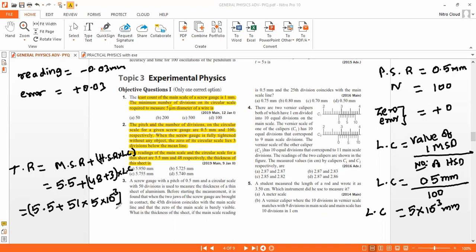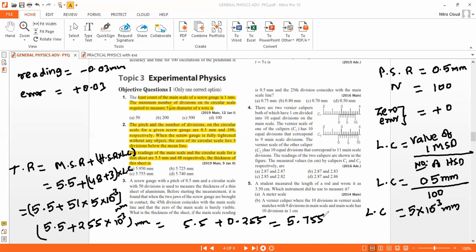All are in millimeters only. So 5.5 plus 51 into 5, that is 255 into 10 power minus 3 mm, that is 5.5 plus 0.255, which is nothing but 5.755 mm. That is option C.